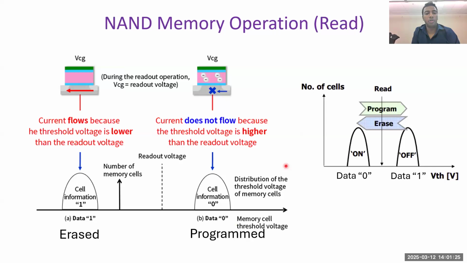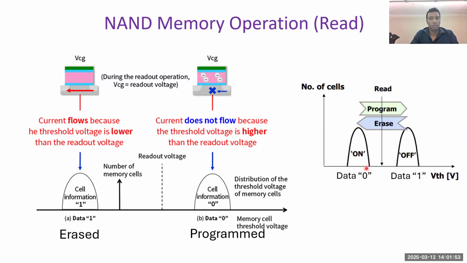Okay, now next, how do we read it? For reading, all we have to do is provide a sensing voltage or readout voltage, which is in between the data 0 and data 1 state. So for example, here, a voltage in between at this level. And if the cell is on, then applying this voltage will allow current through it.